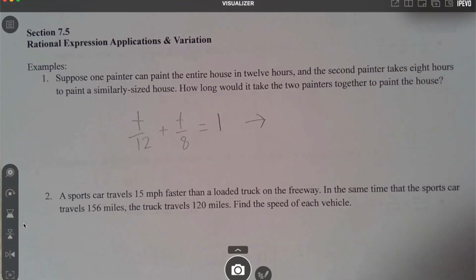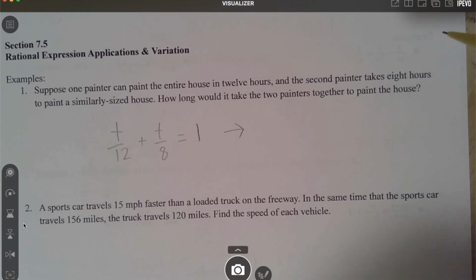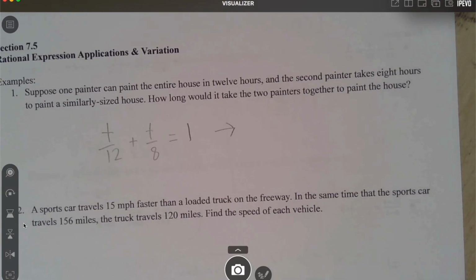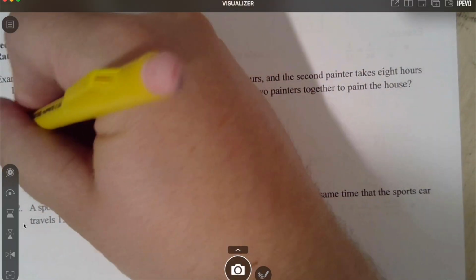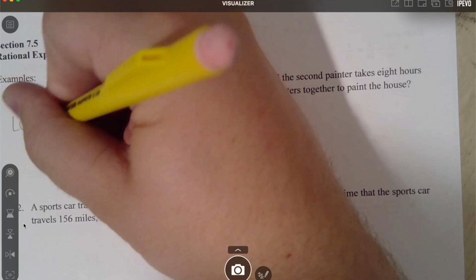Well, once again, you guessed it, this goes by pretty quick. You're just going to multiply by the LCD. Now, I'm going to actually work to find the LCD here. The LCD of 12 and 8 is 24. So maybe we'll write that: LCD is 24.